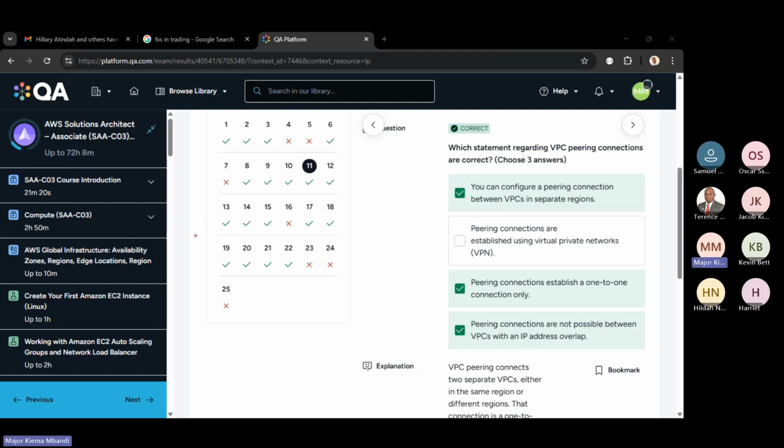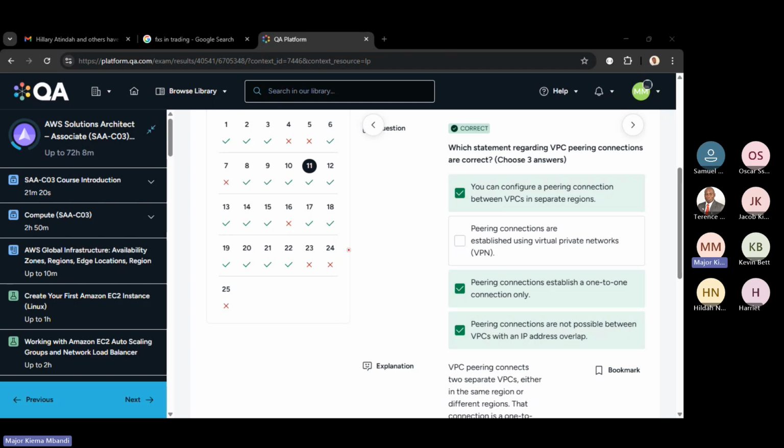So if you have VPC A here, and then VPC B, and then C. If you have a peering connection between these two, and a peering connection between these two, it does not mean that because these are all peered, this one can access that. So it's only A can access B and B can access C. Transitive peering is whereby A would have access to C through B.